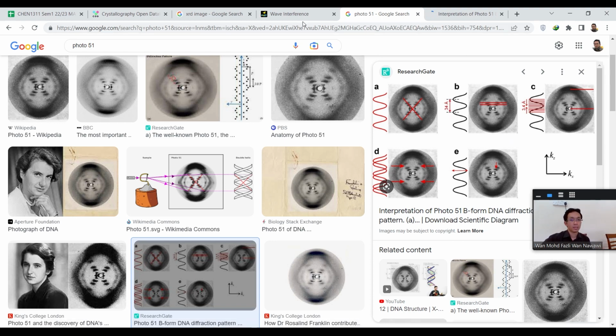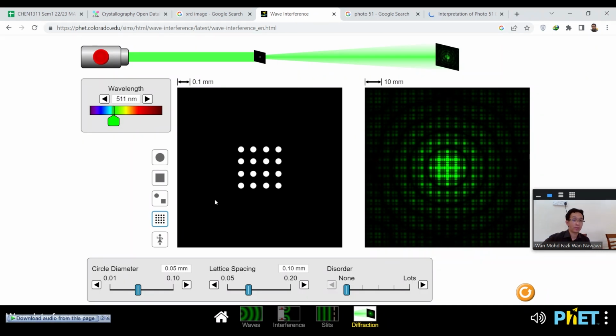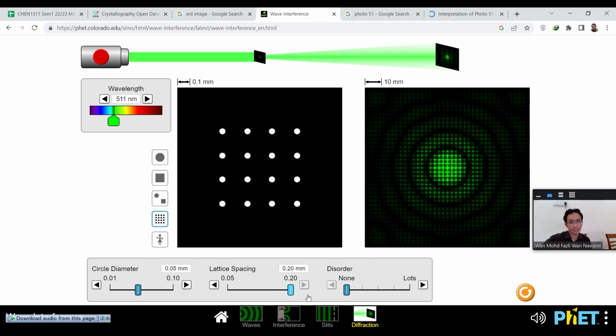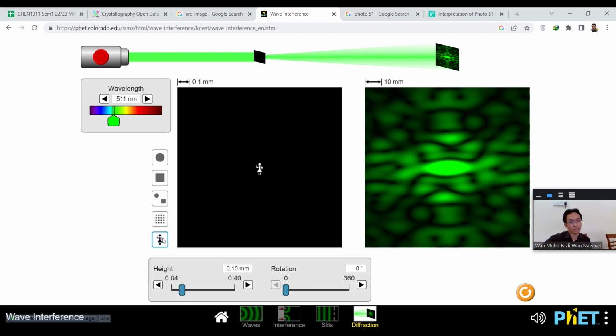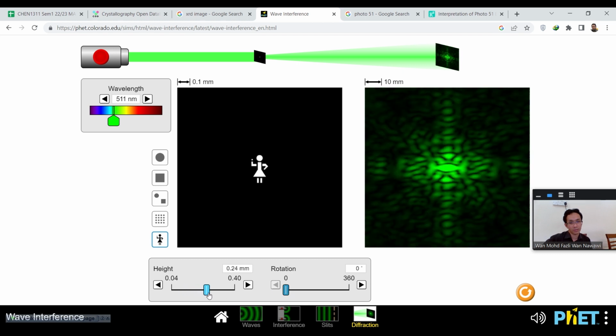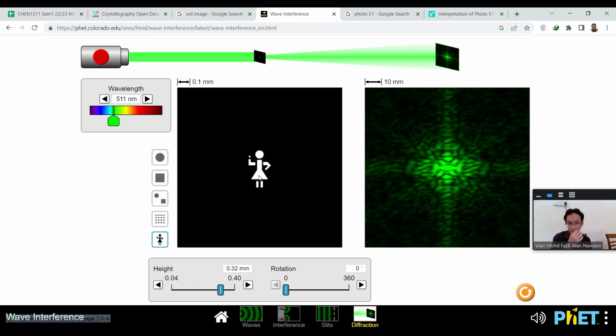Basically you can look at this wave interference and play around with it, because if you make it bigger, you can change it and see the difference. If you put in the picture, you get something. This is like amorphous, the picture of the human, and you see there is no repeating pattern.